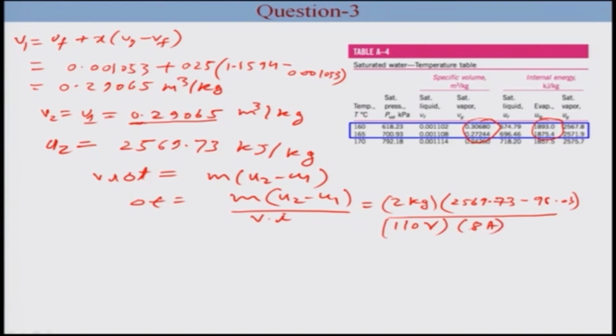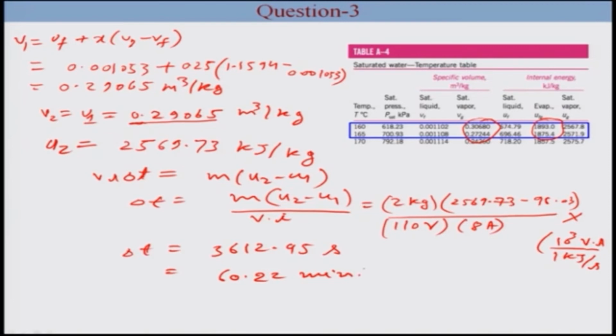Since 1 kilojoule per second is equal to 1000 volt into ampere, this gives total time equal to 3612.95 second, which is nothing but 60.22 minutes. So this much time it will take to vaporize all the liquid in the tank.